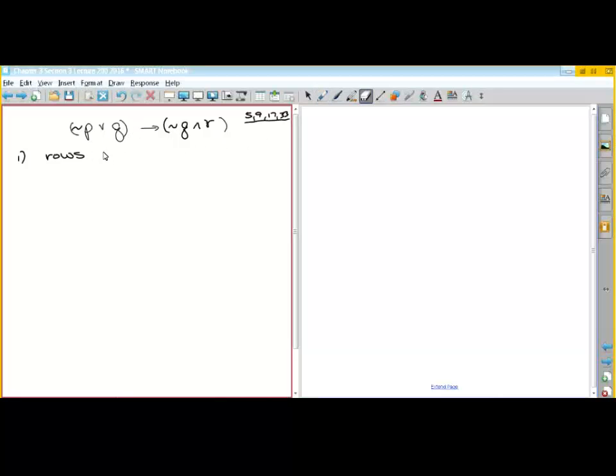The number of rows depends upon how you set up your first 3 columns of P, Q, and R, and you work on that pattern. As far as the rows are concerned, it only depends upon the number of letters we have.